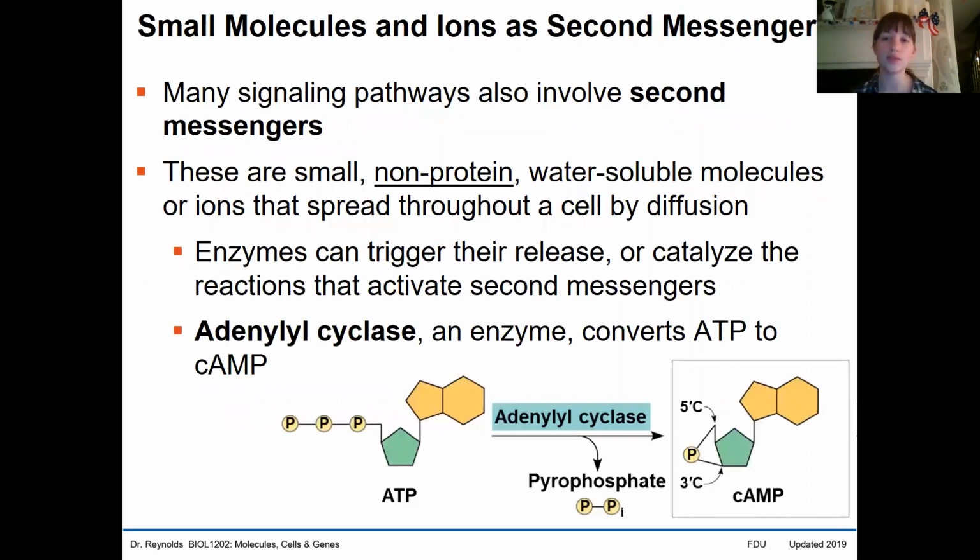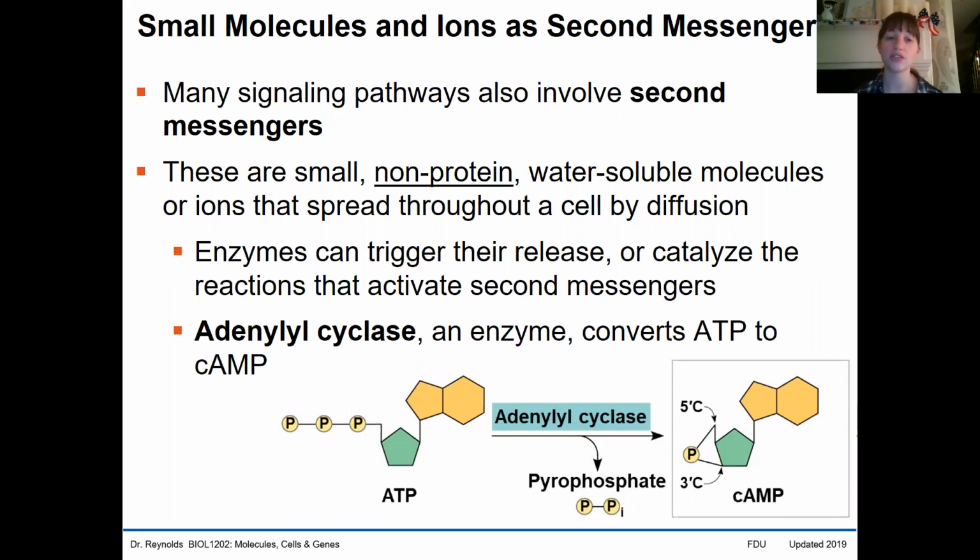Now, there are going to be other types of molecules that can participate in this process, and if you're not a protein, then we call you a second messenger. So these are going to be molecules that are capable of interacting and participating in transduction, but they're not going to act as enzymes like kinases or phosphatases.